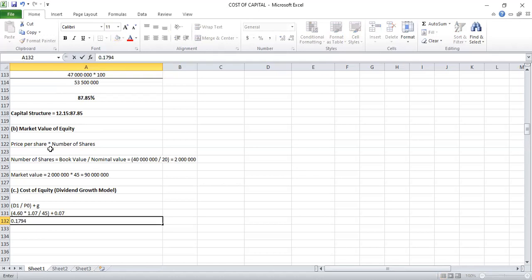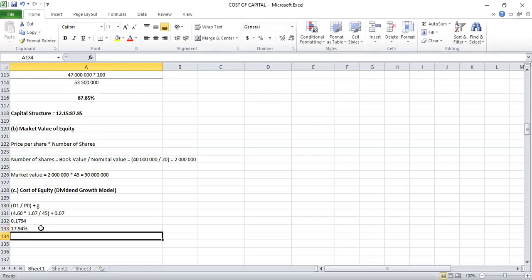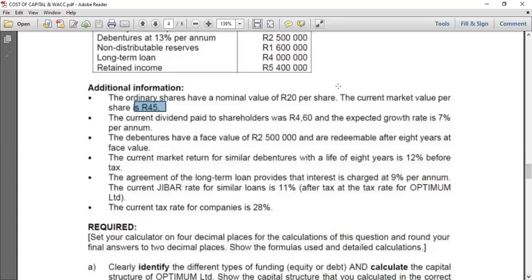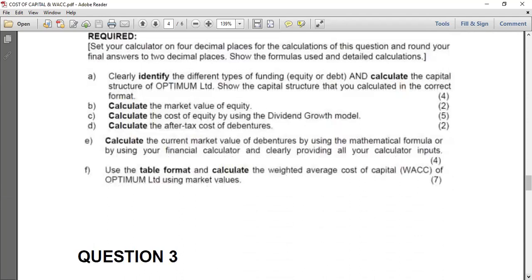When we express it as a percentage, it becomes 17.94%. That's how we determine our cost of equity. So when you get it in decimals, please remember to multiply it by 100.